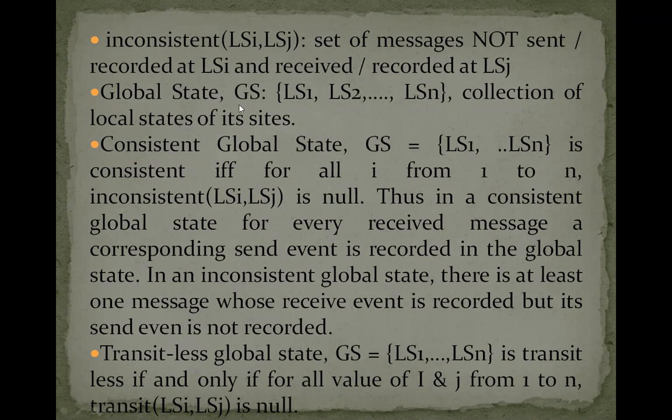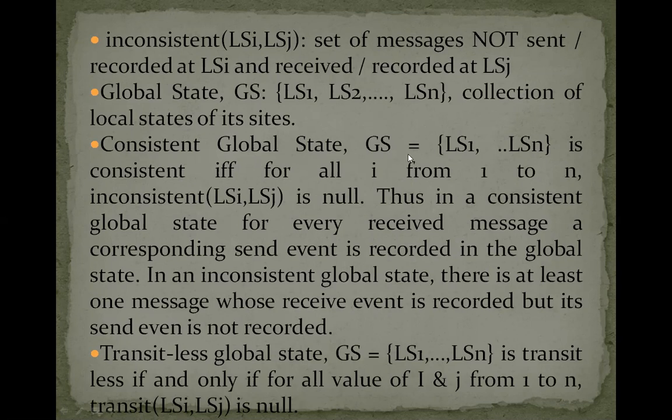And what is global state? Global state is a combination, a collection of all the local states of its sites. And what is consistent global state? Because global state is a collection of the local states, it may be consistent, it may not be consistent. So what will be the definition of how we say that the global state is consistent?